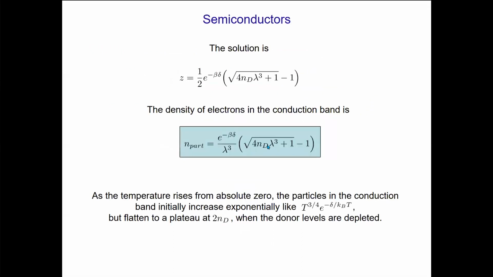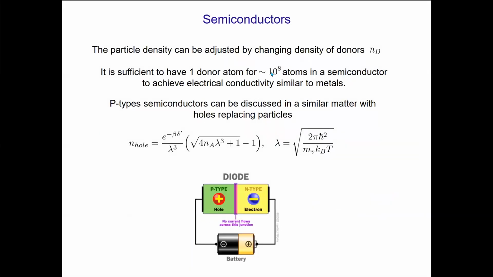When nd goes to 0, this expression is just the number of particles we calculated before in the semiconductor, but this is the corrected formula with the number of donors, and we see that once we add the donor, only one donor, we can achieve a very high electrical conductivity.